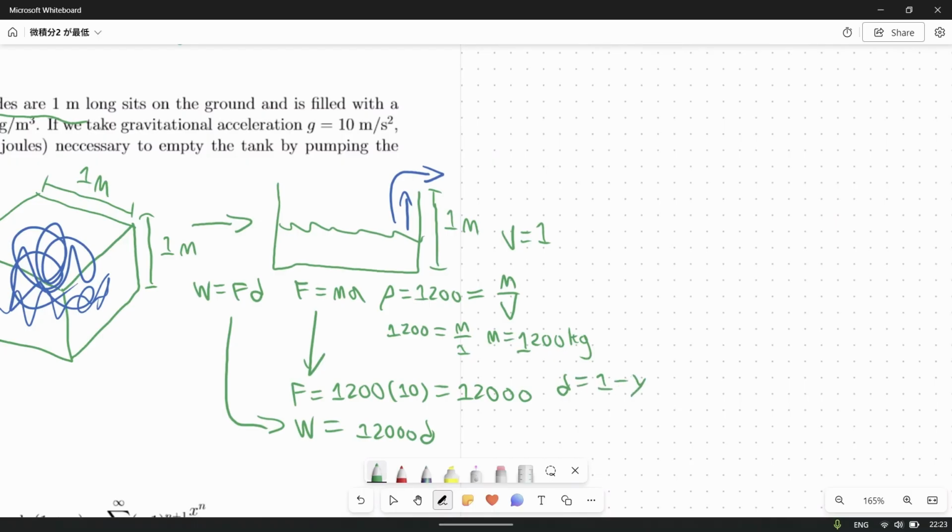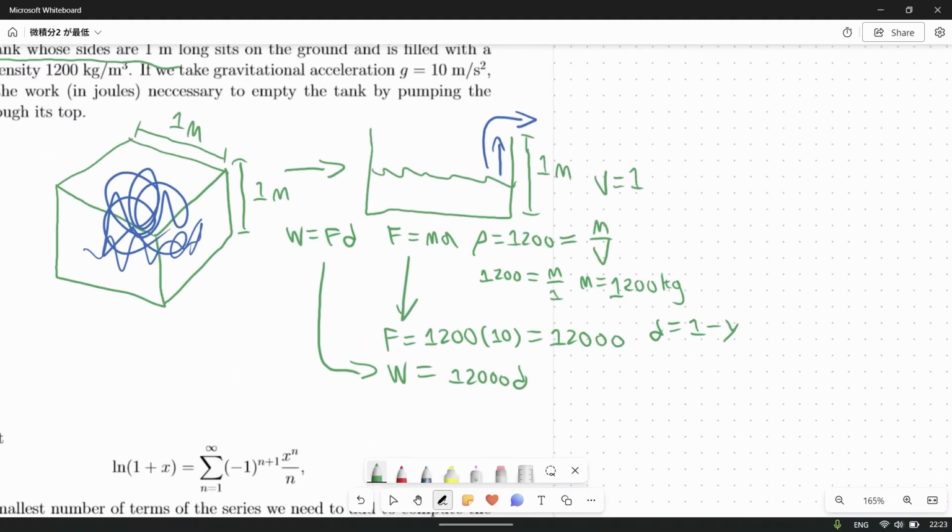I'm using y because we're going to travel upwards, like on an axis, the y-axis. We're starting with 1 because 1 is the maximum height, since the tank is 1 meter tall. And then y is going to change depending on how much liquid is in the tank at any given time.